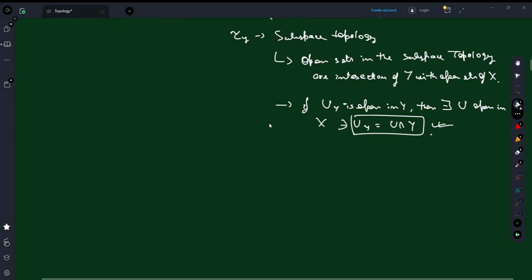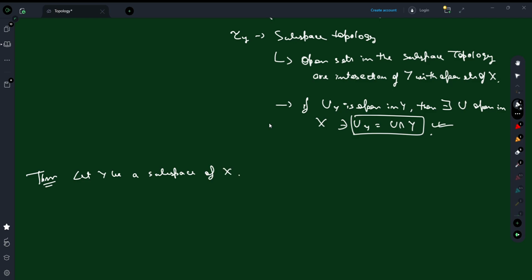So now let us define closed sets for the subspace topology. Let me consider this as a theorem. Let Y be a subspace of X. That is, Y is a subset of X with a subspace topology defined on it. X is also a topological space by consideration; that's quite trivial, so I'm not specifying that every time.